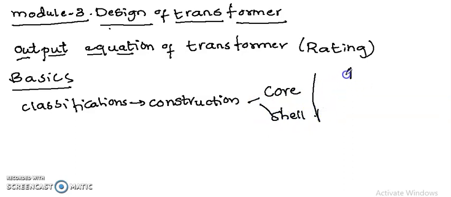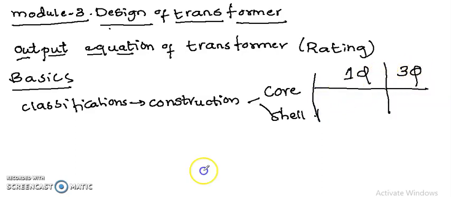Even in the case of single phase, we have three phase. So core type single phase, core type three phase, shell type single phase, shell type three phase.